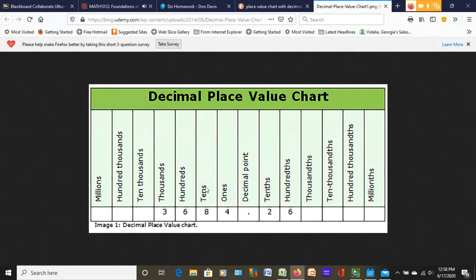And notice just by the names, it should give you some idea of what's happening when you go to the right of the decimal point. Notice that first place name is tenth, and then the next one's hundredth and thousandth, and you can read them for yourself. And what that should imply to you is that as you go to the right, you're not multiplying.